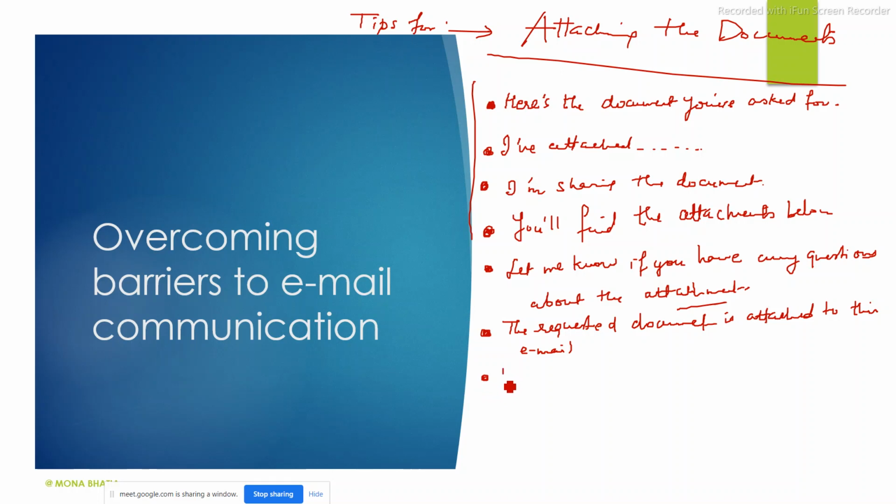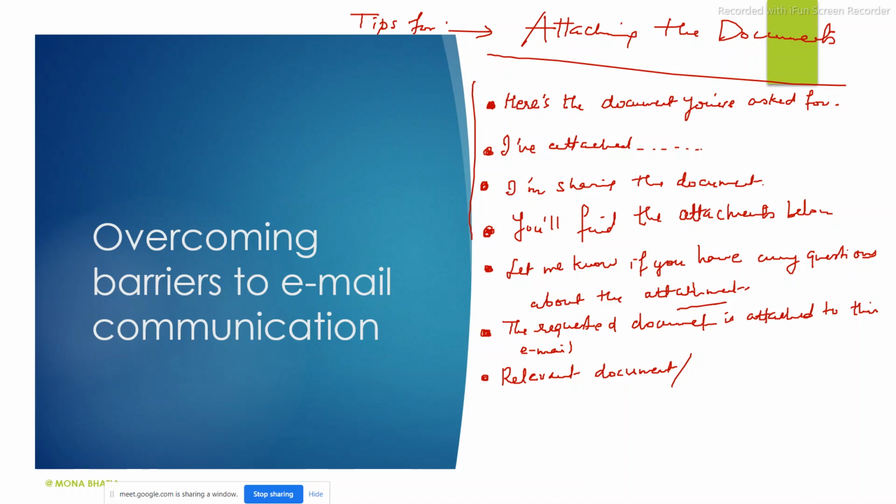अच्छा, एक और: "Relevant document or information is attached."